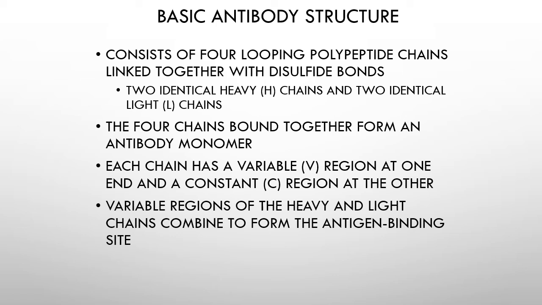So we have 2 heavy chains and we have 2 light chains. And then we also have a component added onto them called the variable chain. The variable chain is this portion of the antibody that is going to change in response to the antigens that it is responsible for.